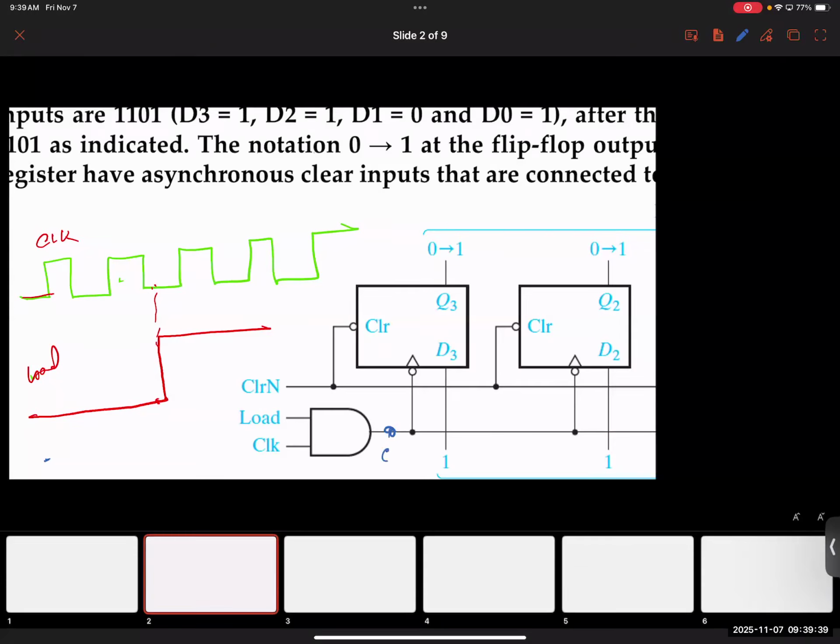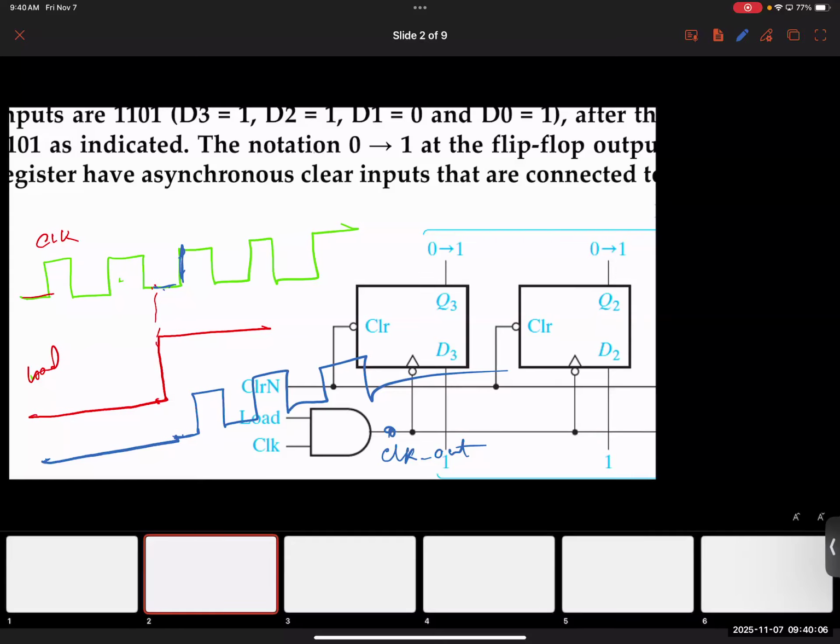Let me just write it as clock out. So the clock output was 0, but here it will still be 0 because what? Are you paying attention? Because the clock was 0. So it will remain 0. And then when the clock is activated, it will follow along. So you have perfectly copied the clock. Does that make sense?